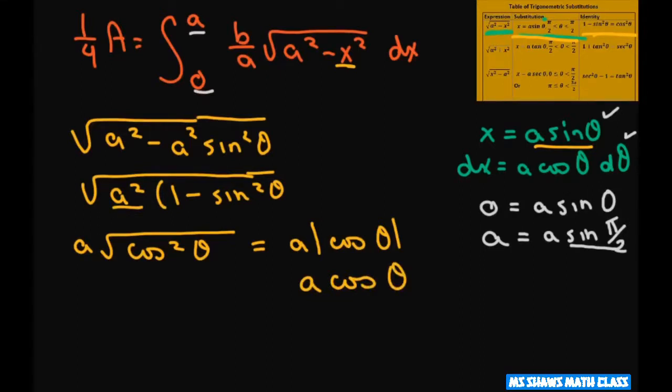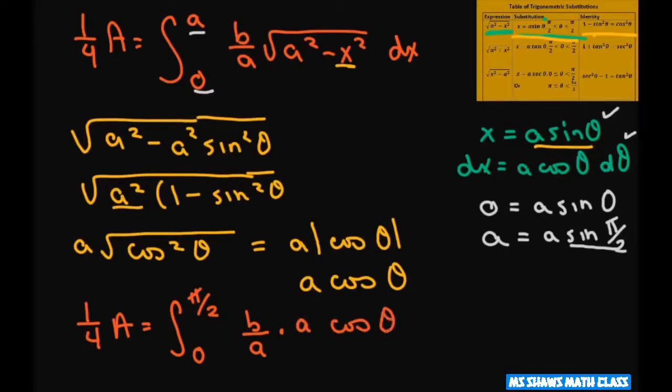So now that we have that, we can substitute. So we have 1/4 A equals, once we substitute, we're going to get the integral from 0 to pi over 2 of b divided by a times a cosine of theta times dx.